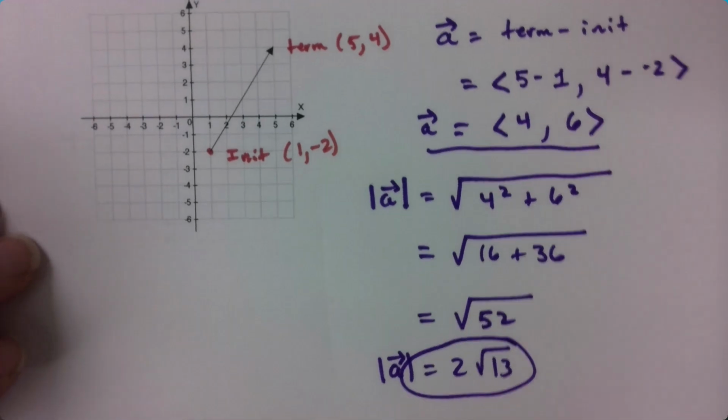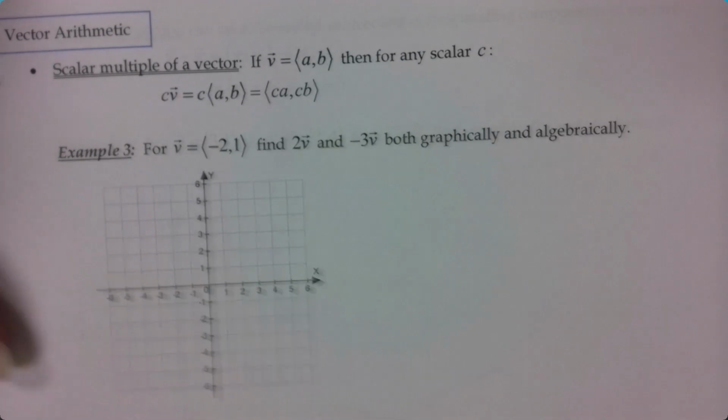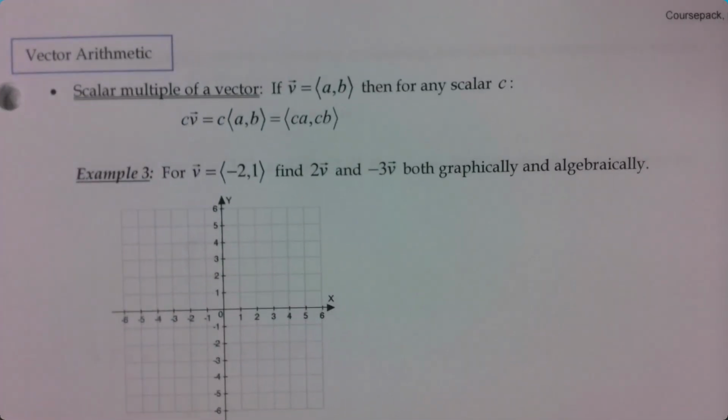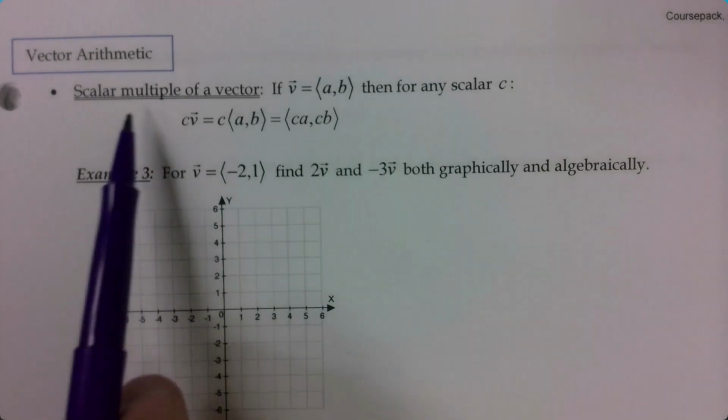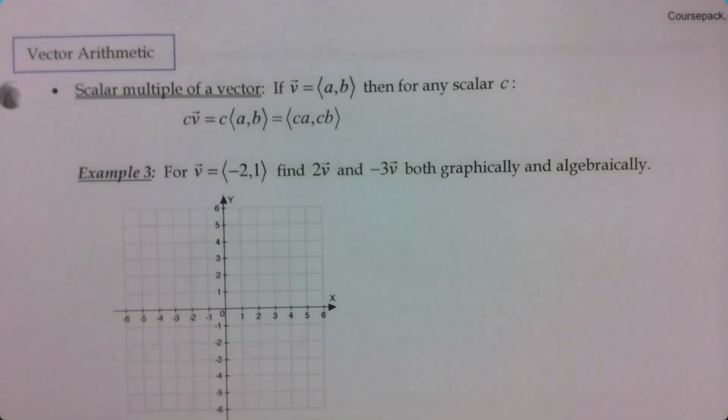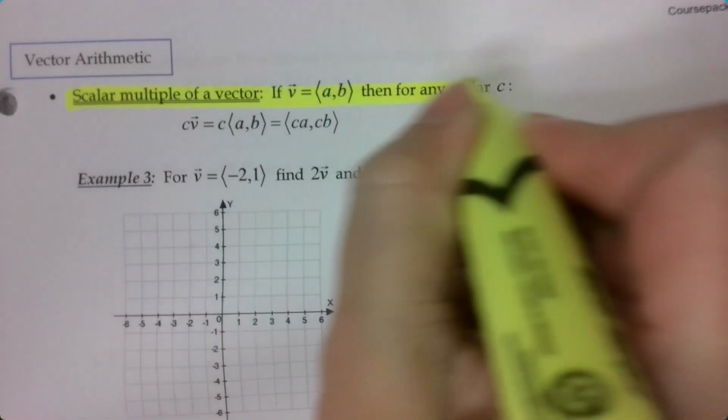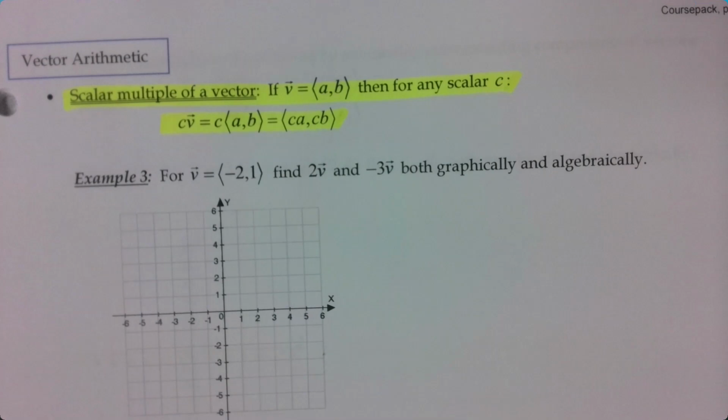All right, so now let's take what we're learning and let's do some vector arithmetic. So the scalar multiple of a vector. If you take a vector and you multiply it by a scalar, then you're just multiplying every component by that scalar. It's very simple.